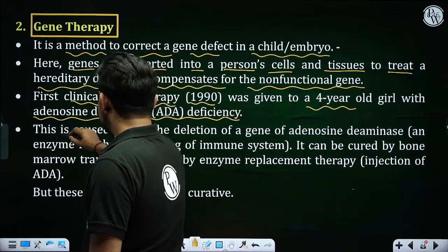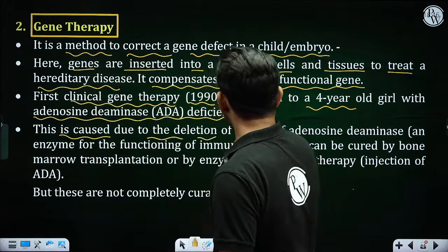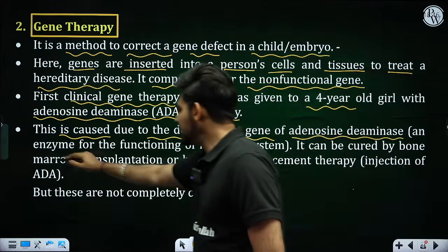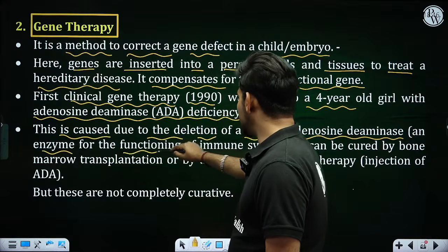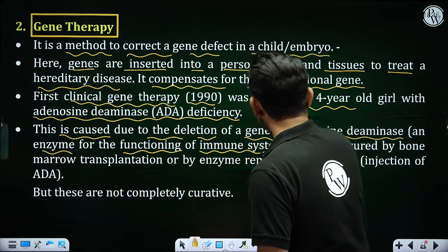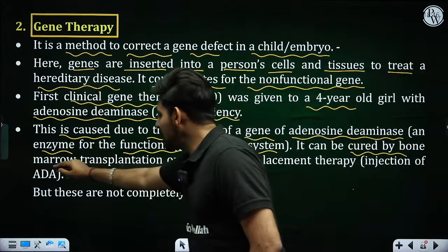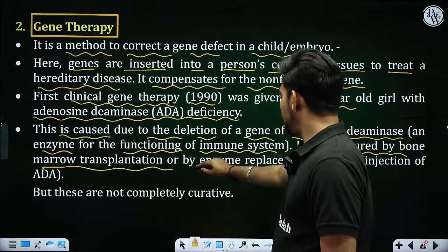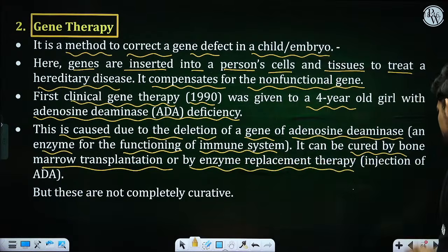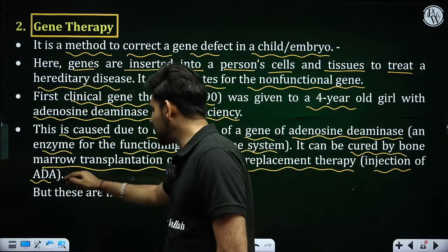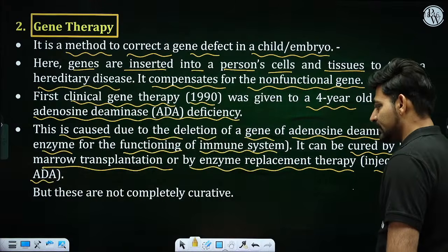Okay. So, this is caused due to the deletion of the gene of adenosine deaminase, an enzyme for the functioning of the immune system, and it can be treated by bone marrow transplantation or by enzyme replacement therapy, that is, injection of adenosine deaminase is given.